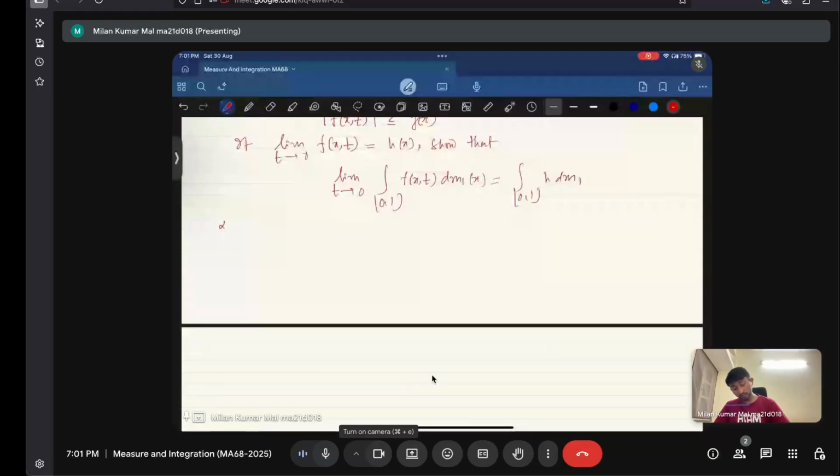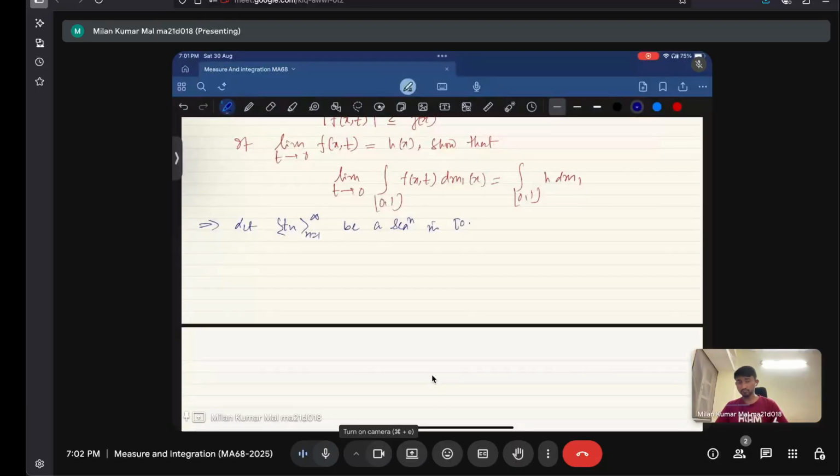Here we have to use the dominated convergence theorem. Let Tn be a sequence in 0 to 1 such that Tn converges to 0.